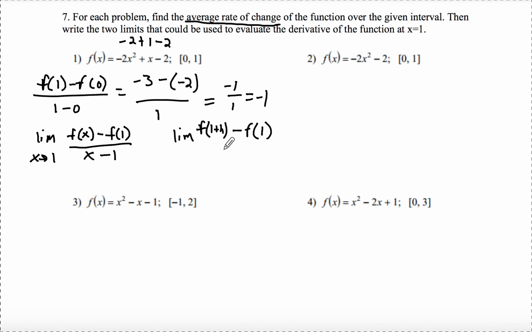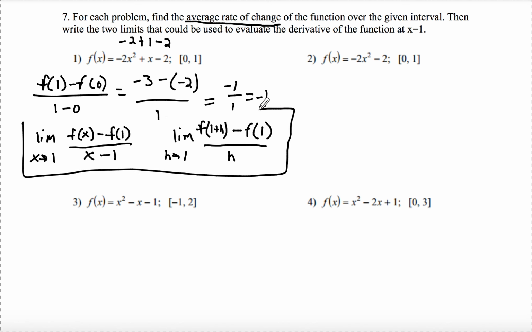The order doesn't actually matter as long as we keep it consistent from numerator to denominator, but these two are the standard ways we write this. So down here we would have 1 plus h, that's our first x value, minus 1. The ones cancel out and leave us with just h. So these two are standard ways of writing out the derivative at x equals 1.